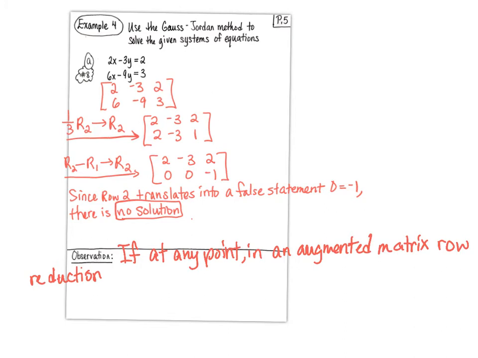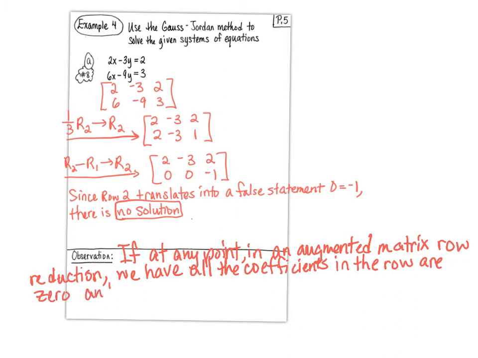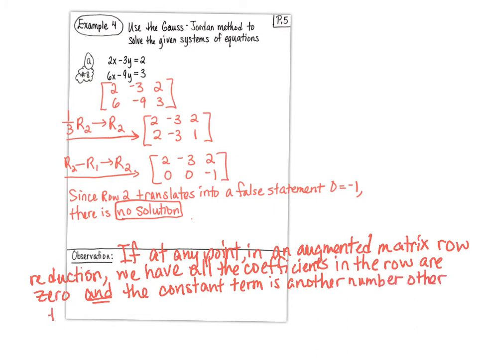So at any point in an augmented matrix row reduction, if all the coefficients in the row are 0, and the constant term is another number other than 0, we have a false statement, which means there's no solution.